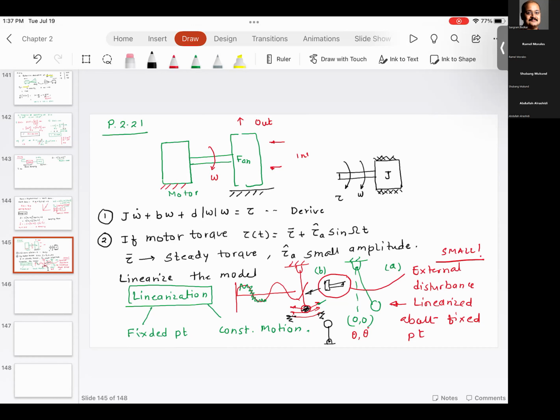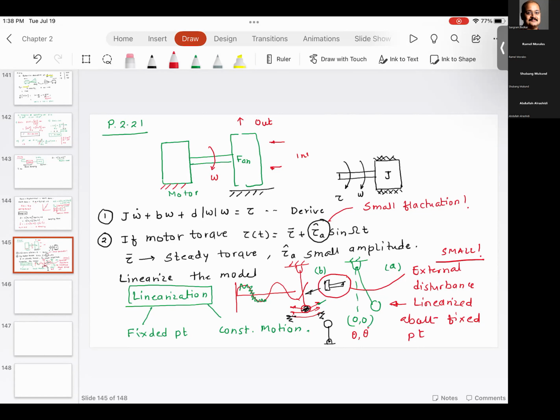And if you read the problem statement on problem 2.21, this is a small fluctuation. Are you with me so far? So what that means is if you have this small perturbation, only then the analysis that we are doing can be performed.